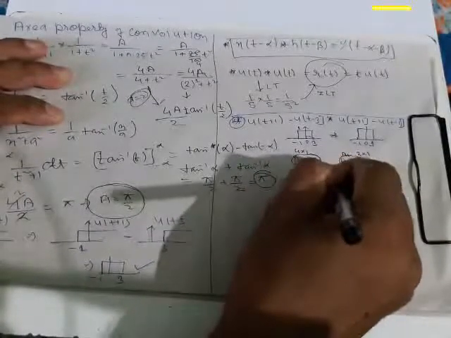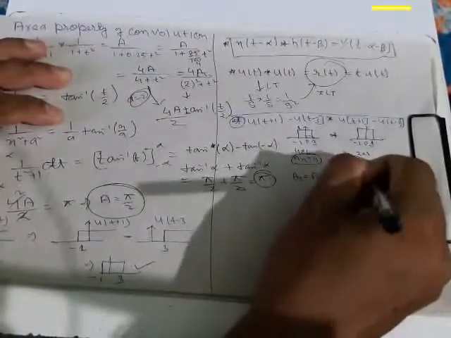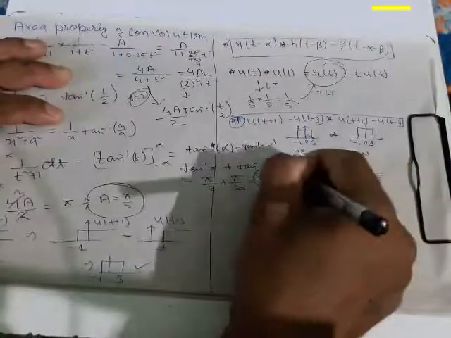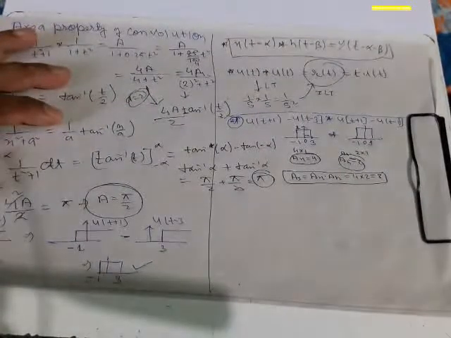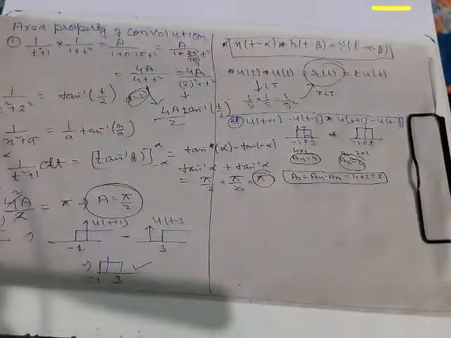So first we have taken this one, this into this, and minus this into this. So first u of t plus 1, then minus u of t plus 1 with u of t minus 3.